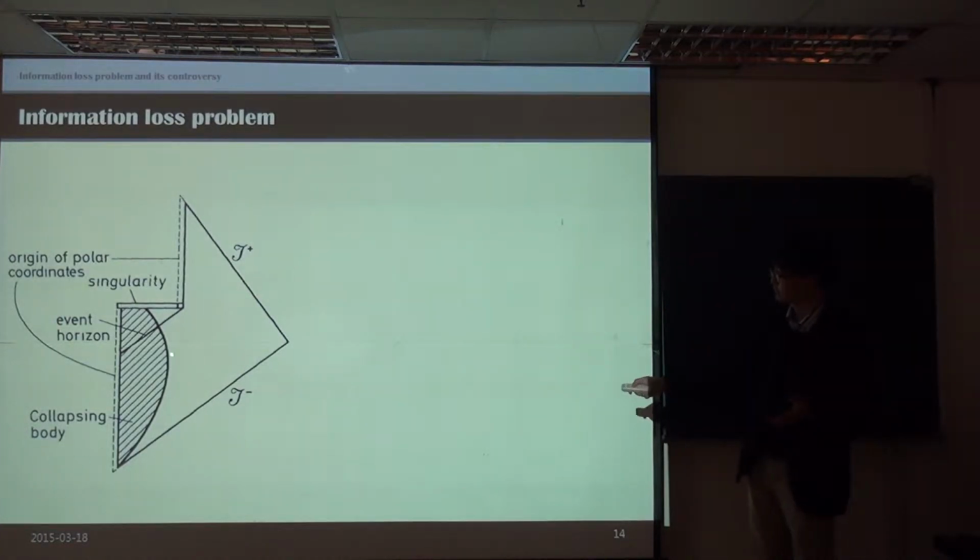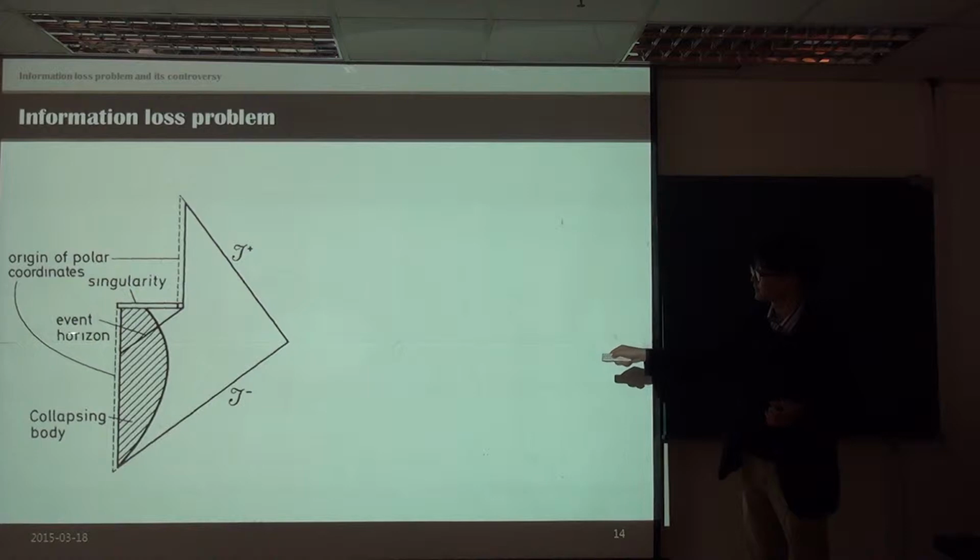Gravitational collapse forms a singularity and an event horizon. After evaporation, the black hole will disappear, and we paste the same Minkowski diagram, so the S matrix is defined from the in state to the out state. But in between the in state and the out state, there is an unclear point.